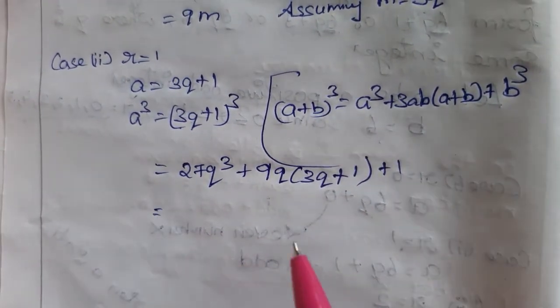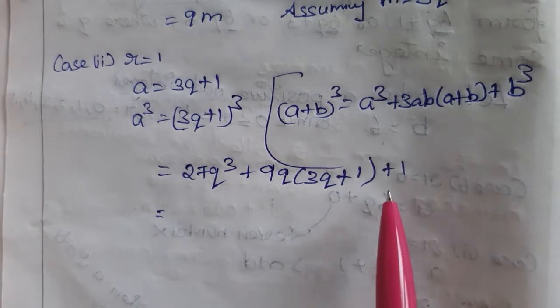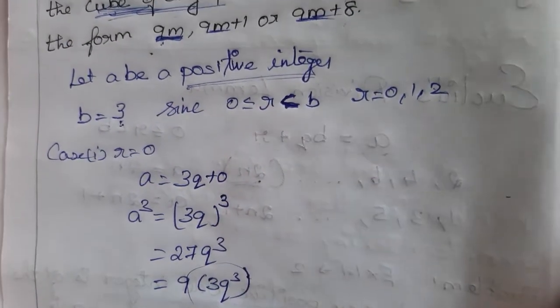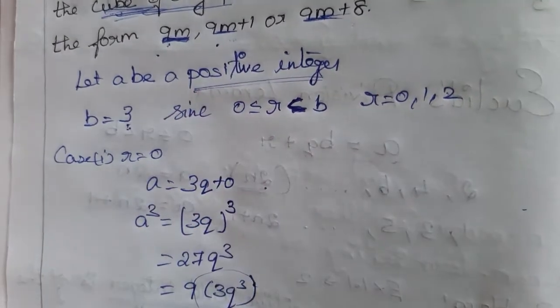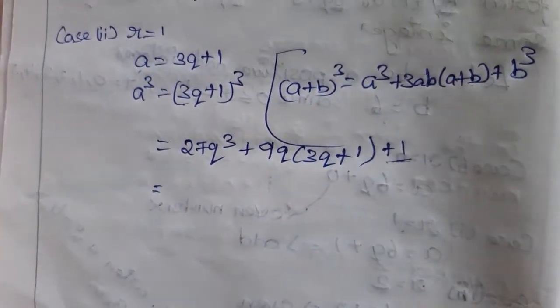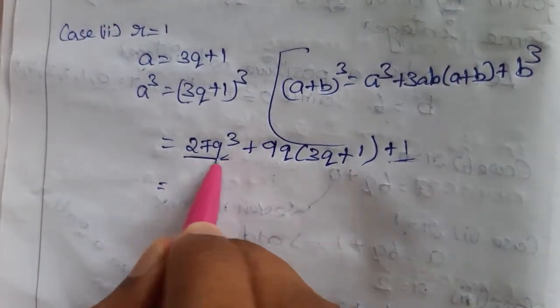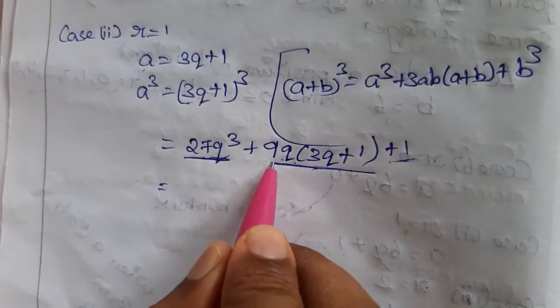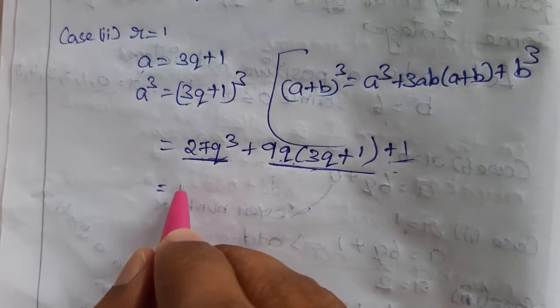So we can express this in the form of 9m plus 1. Then check whether the rest of the terms are 9 multiples. In the rest we have only 2 terms, first and second. Are they 9 multiples? Yes, 9 is a 9 multiple, and 27 is also a 9 multiple.